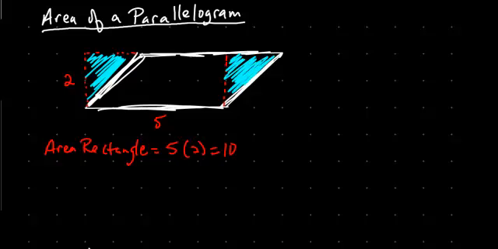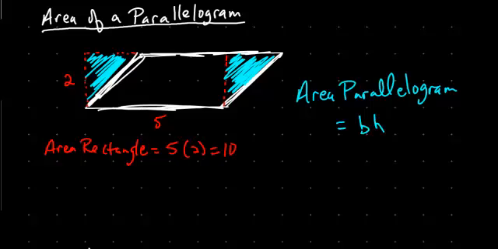So the area of the parallelogram is still going to be base times height, where you pick any one of your top or bottom sides, since they're the same length, and that's going to be my base, and the height is going to be given by the perpendicular height to the other side.